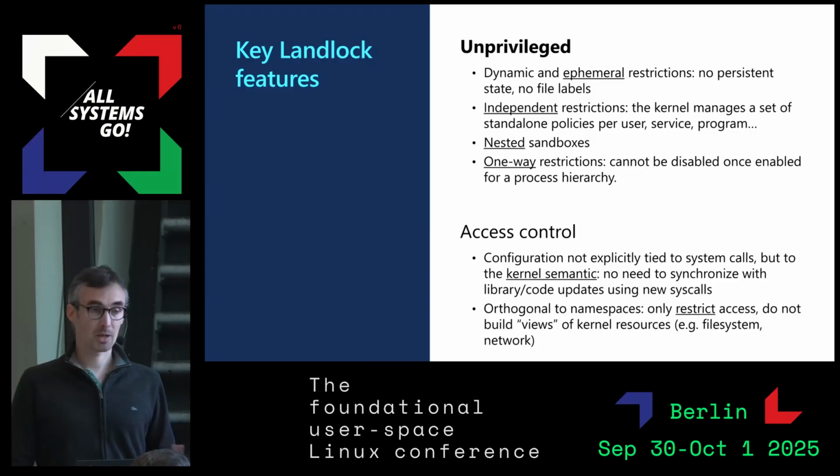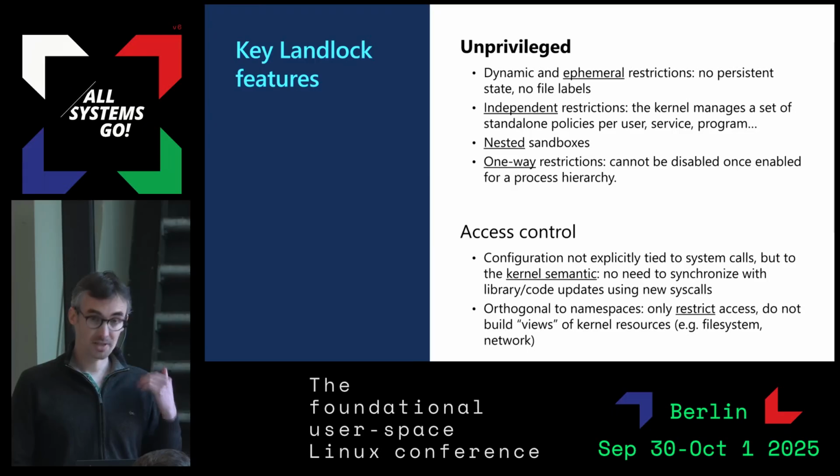So there are some implicit precisions. We'll see that just after. Landlock is an unprivileged access control, and by access control I mean being able to enforce security policy, to enforce restrictions on kernel resources. That means following the kernel semantics. That means, for instance, files, sockets, network ports, UIDs, or whatever the kernel might provide, which is, for instance, not the case for seccomp.